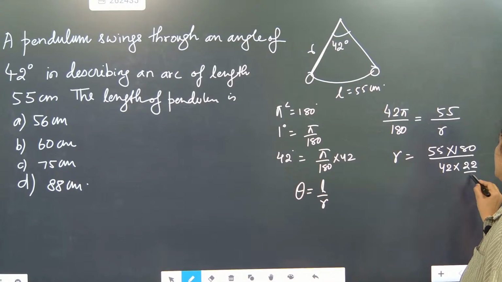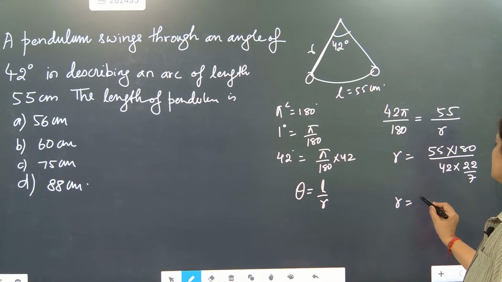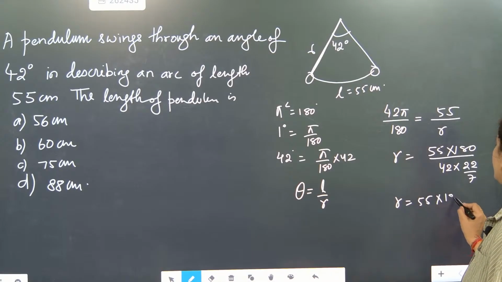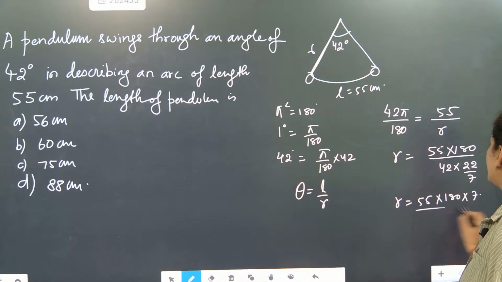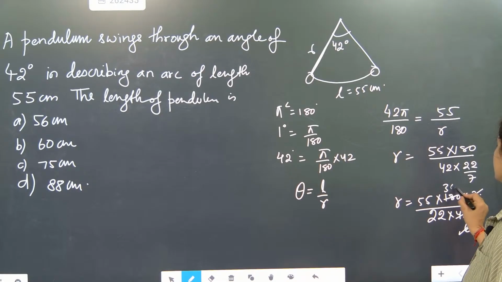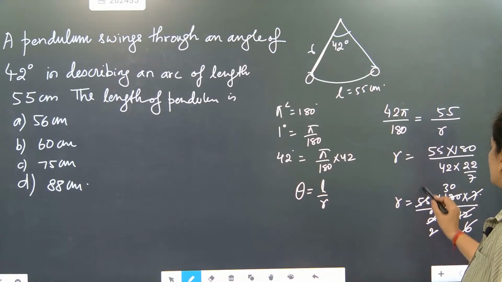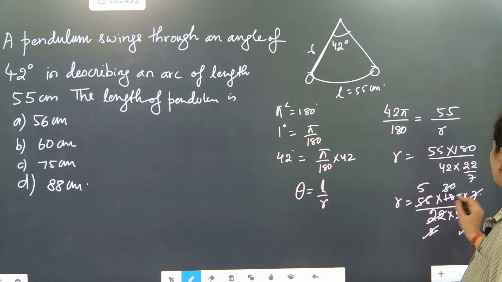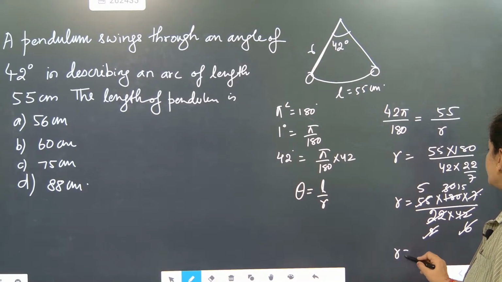With pi as 22 by 7, R is equal to 55 into 180 into 7 by 22 into 42. Simplifying, R is coming as 75 centimeter.